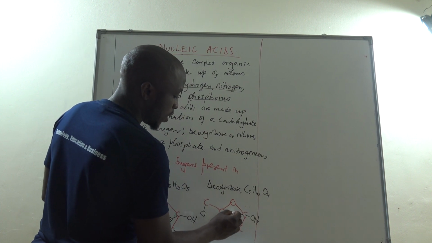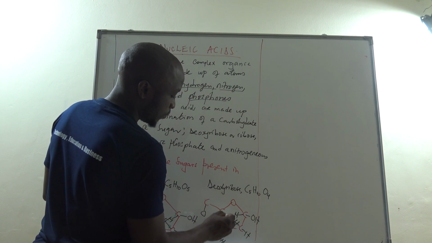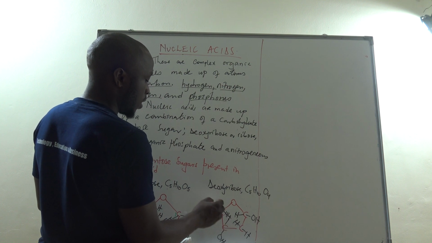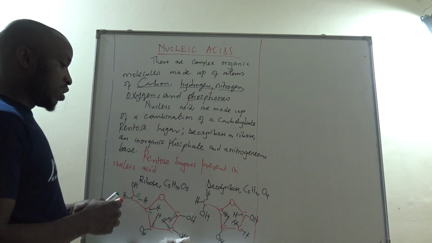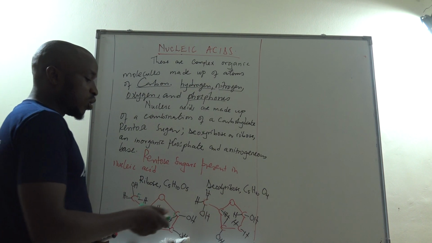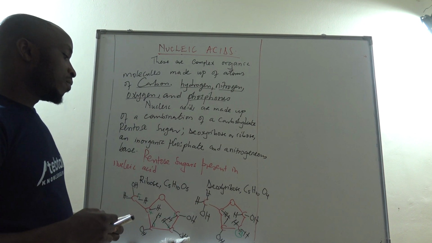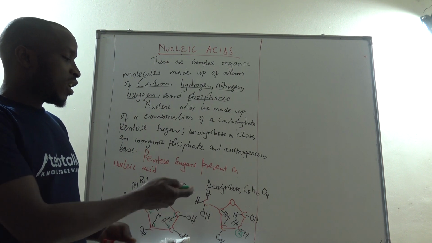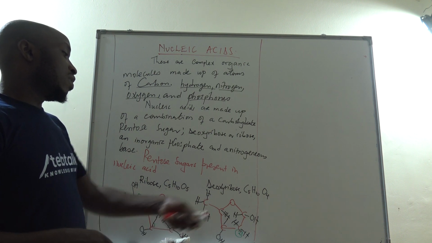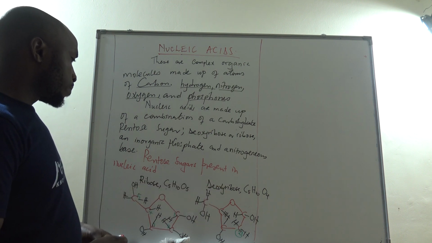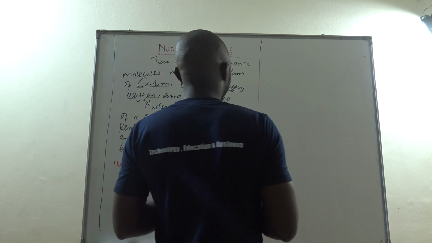Hydrogens, we put them there, all the 10 hydrogens. So where is the main difference between ribose and deoxyribose? Carbon atom number 2 lacks oxygen attached to it. That's why it is called deoxyribose. Otherwise, they have the same furan ring and different molecular formulae. Those are the pentose sugars.